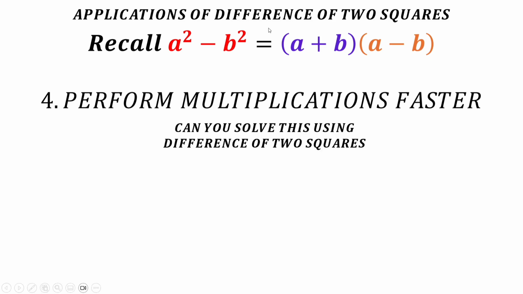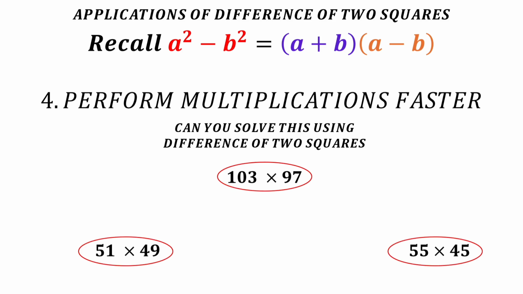So we'll be looking at these three examples. Basically, there are certain things you're supposed to know before you can use difference of two squares to perform multiplications, but it's nothing too difficult. So let's get right into it.